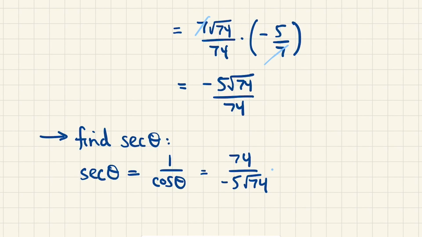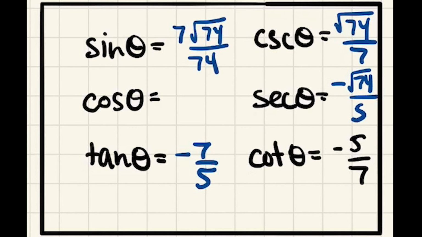And rationalizing that, we would see that the 74 in the numerator cancels with rad 74 times rad 74, which is 74. And so we get negative rad 74 over 5. And we can place those in our final answer.